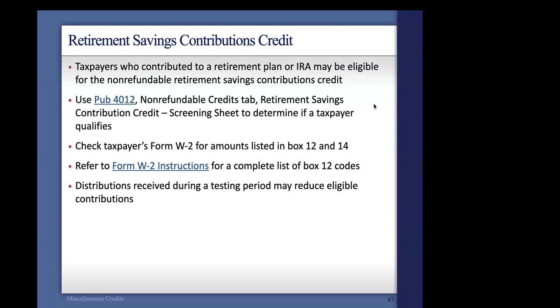It's based on information pulled from the taxpayer's W-2. If that taxpayer has amounts listed in box 12 and 14, depending on what that code is for what's listed in those boxes, then it will automatically pull the information it needs in order to determine whether or not that taxpayer qualifies for the retirement savings contribution credit.